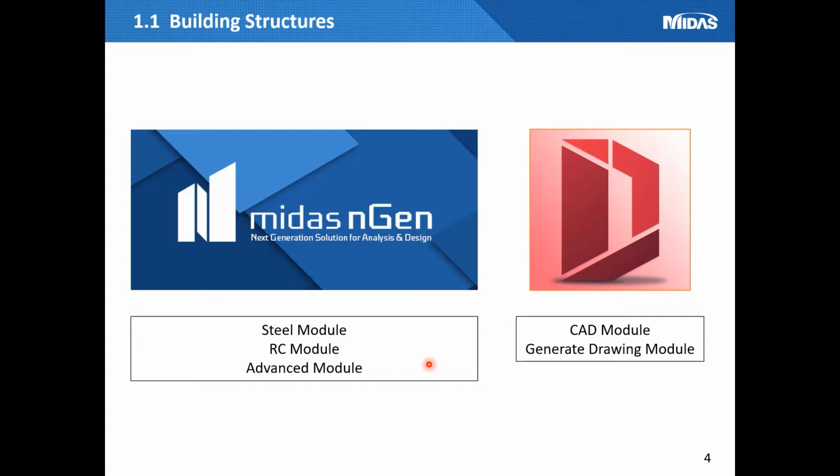The second is MIDAS drawing, which works like CAD, such as AutoCAD, or automatically generates structure drawings by recognizing nGen information. Therefore, there is no need to buy and use CAD programs if you purchase MIDAS nGen software. MIDAS drawing is an alternative CAD, and information CAD is possible at the same time.